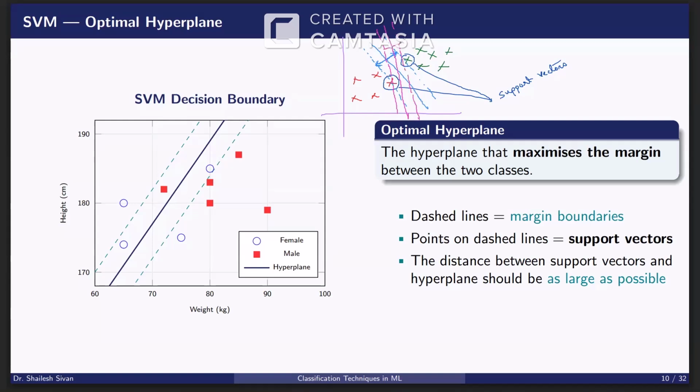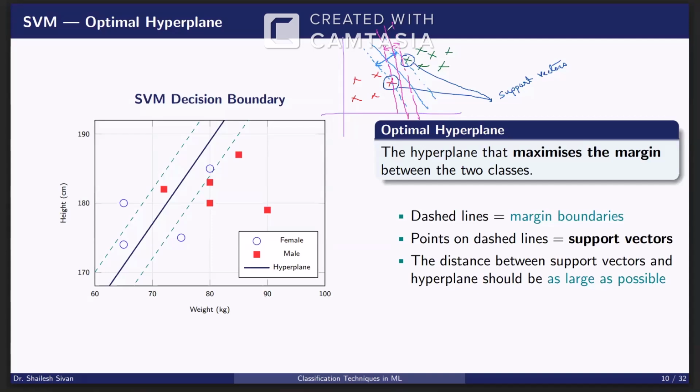So which distance is higher? Is it blue or magenta? Blue, right? So likewise, some hyperplane is there which is having a maximum margin. Is it clear?